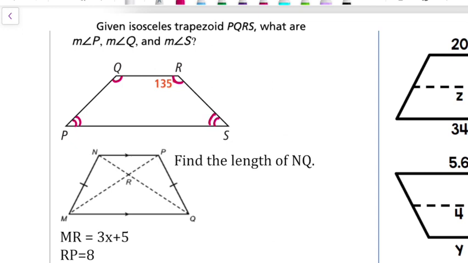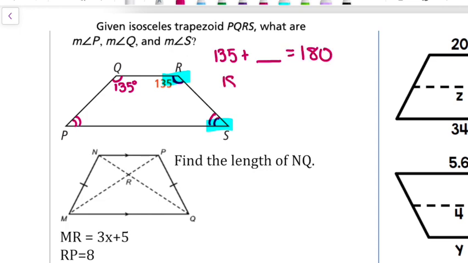So in this first example here, it becomes very easy to know that one's 135. And then the angles here are same side interior. So when they're same side interior, that means they add to 180. So 135 plus what is 180?